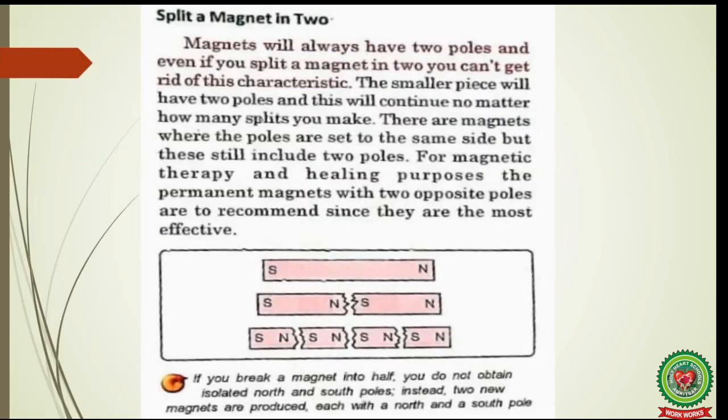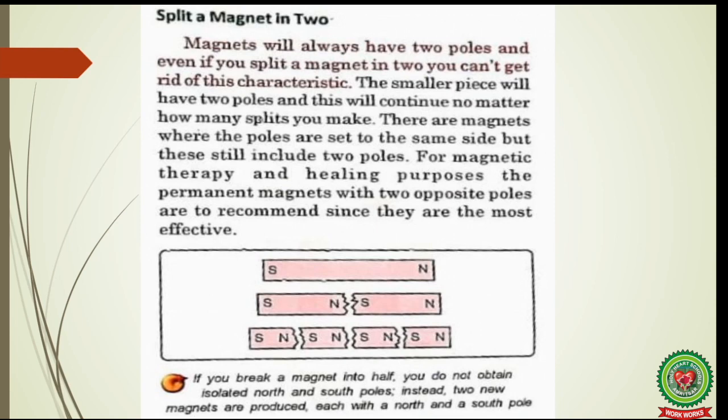Let's read the topic for better understanding. Magnets will always have two poles, and even if you split a magnet into two, you can't get rid of this characteristic. The smaller piece will have two poles and this will continue no matter how many splits you make. There are magnets where the poles are set to the same side, but these still include two poles, as shown in the picture here.